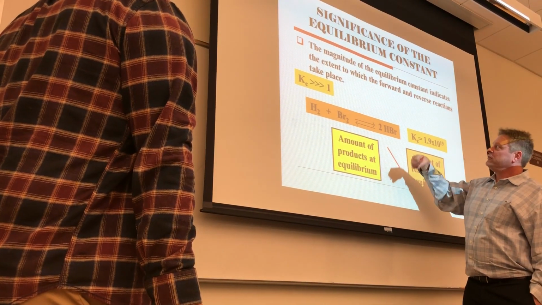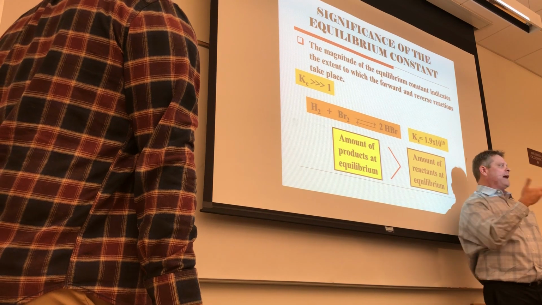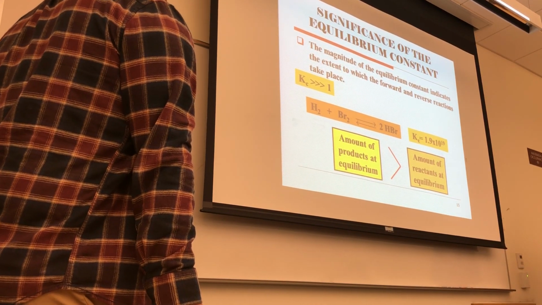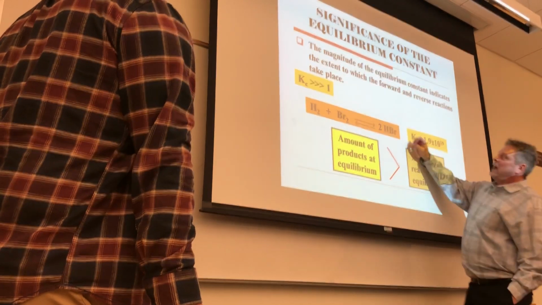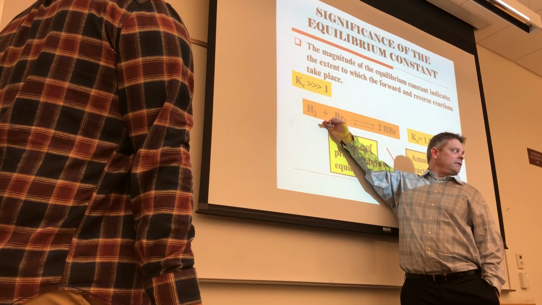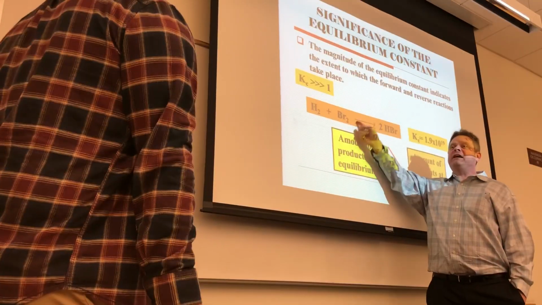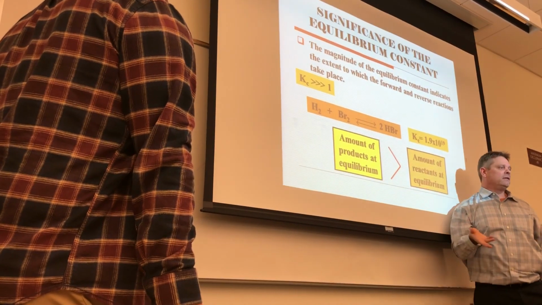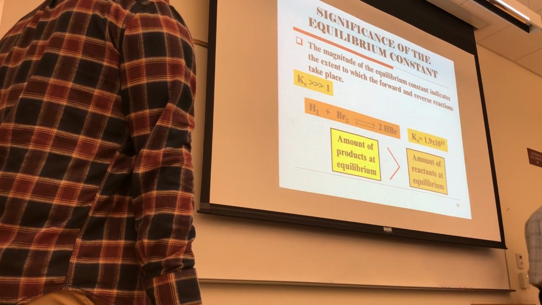What if I just add some more HBr into that equilibrium at those set concentrations? What happens? I put a stress here. I'm now shifting the reaction going this way, initially, until it forms a new equilibrium with new concentrations of this and this as a result of that. Okay. I could do that by changing the temperature.